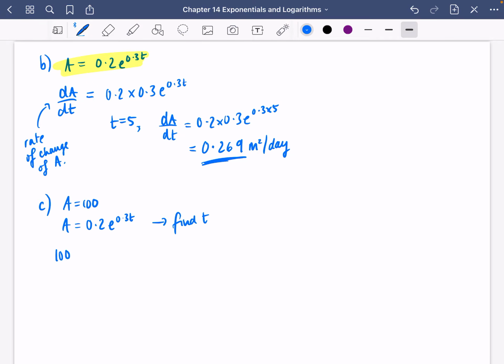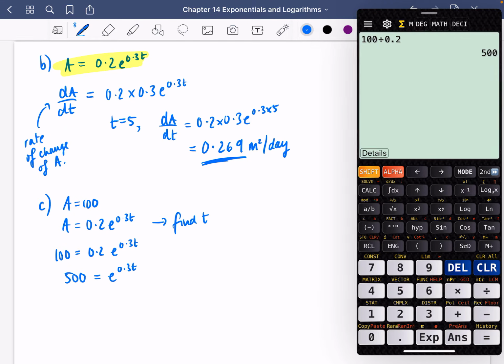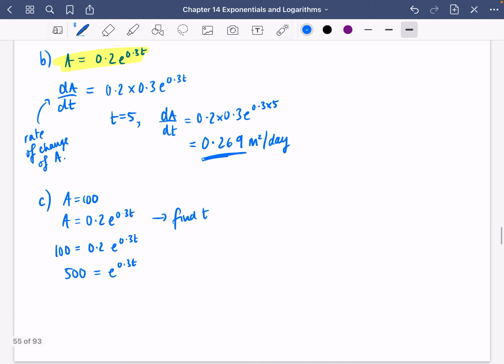So 100 instead of A: 100 equals 0.2 e to the 0.3t. So I'm going to do 100 divided by 0.2, which is 500. So I get 500 equals e to the 0.3t. Now I'm going to take ln of both sides. So I'm going to do ln 500. When I do ln of this side, I'm just going to get 0.3t.